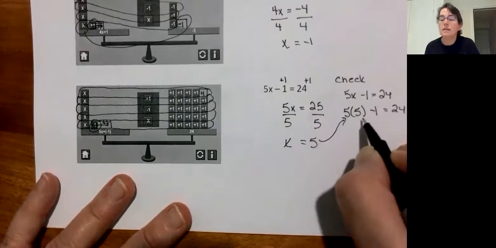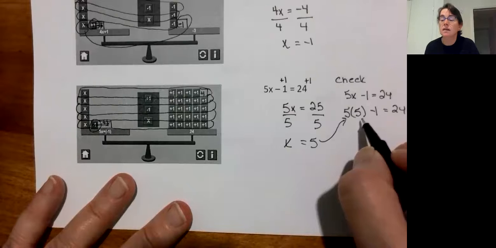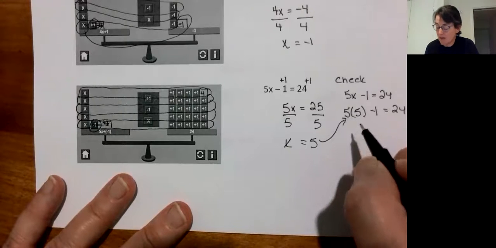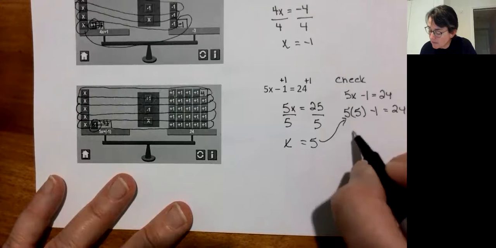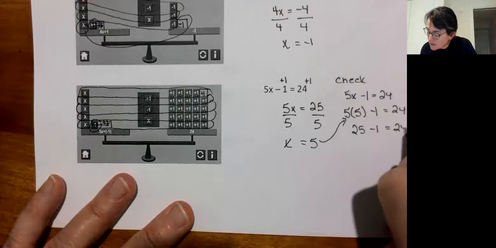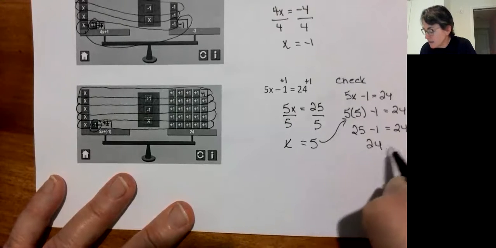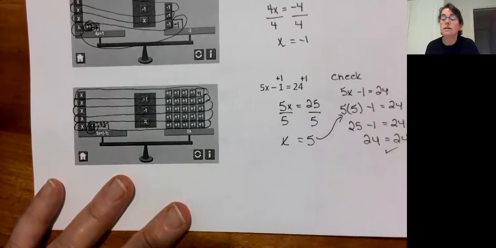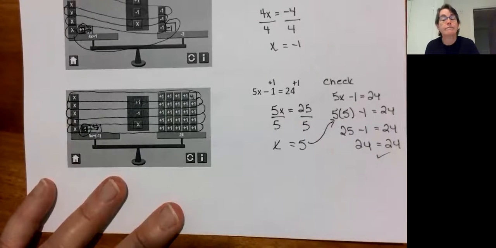When I substitute a number, I tend to put it in brackets, because if I didn't, it would look like 55 as opposed to 5 times 5. So 5 times 5 is 25, minus 1 is 24, and I'm already excited because I can see it's all golden and good. Multi-step equations, not that bad.